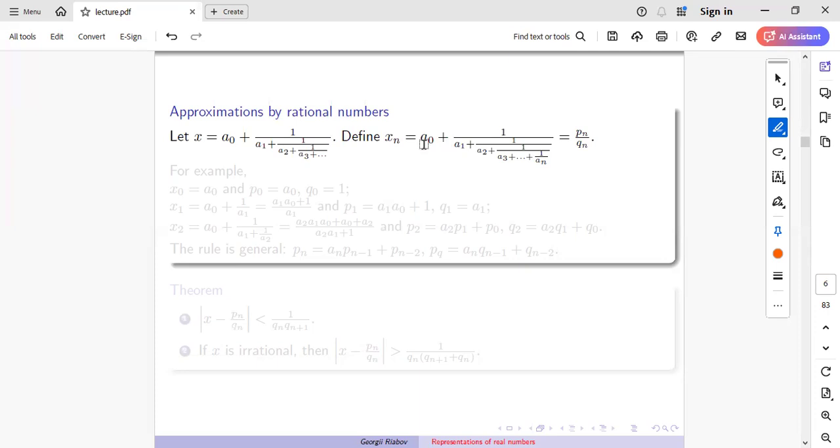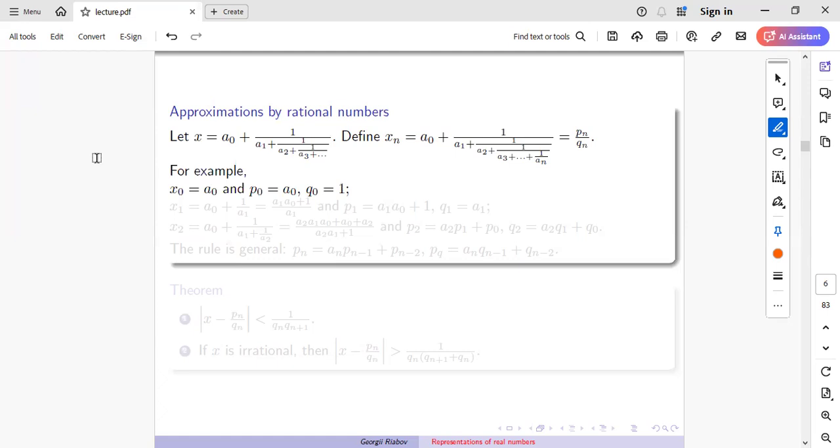And as I mentioned, the greater n we take, the smaller will be the difference between xn and x.